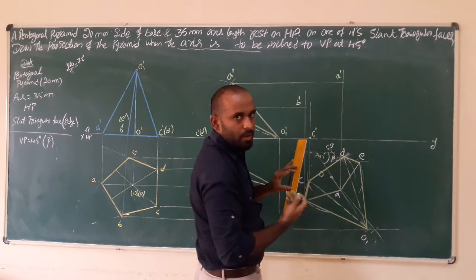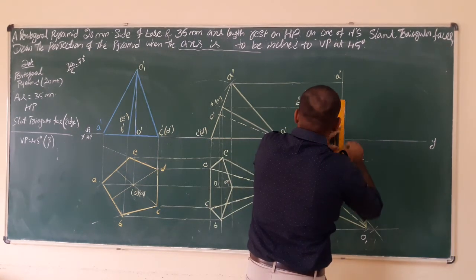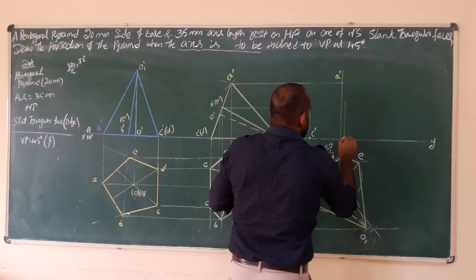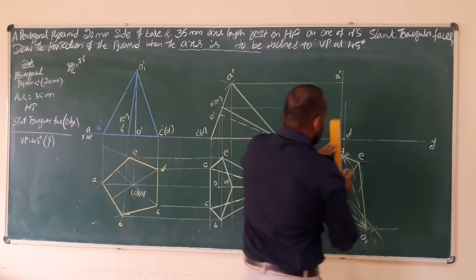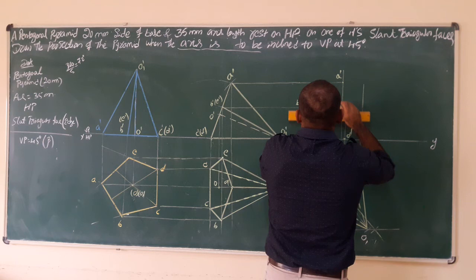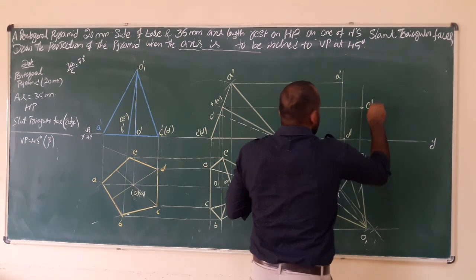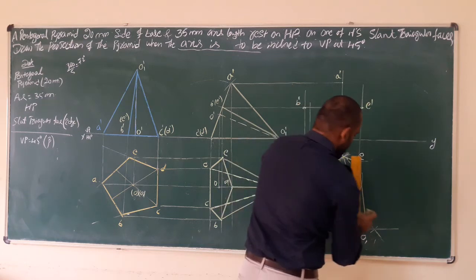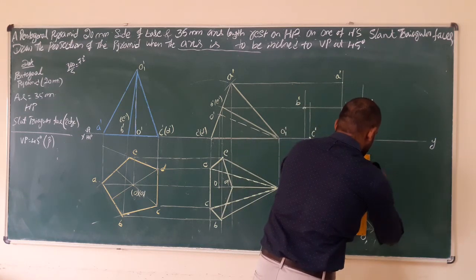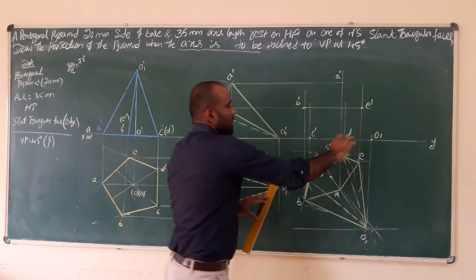Because it is above HP, you have to write dash. D. The D is a corner. D dash. Next to E. Continue the line, that E dash. That point is called O1, O1 dash.